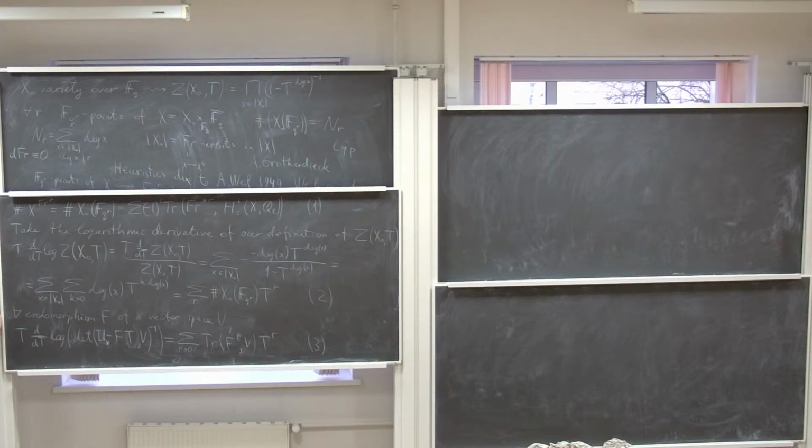The simplest is one-dimensional. Then f is just a scalar. And what is written here is determinant of 1 minus ft inverse.